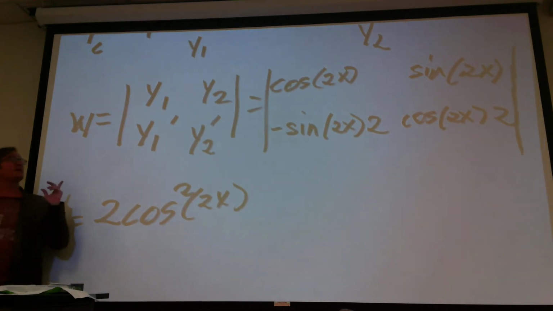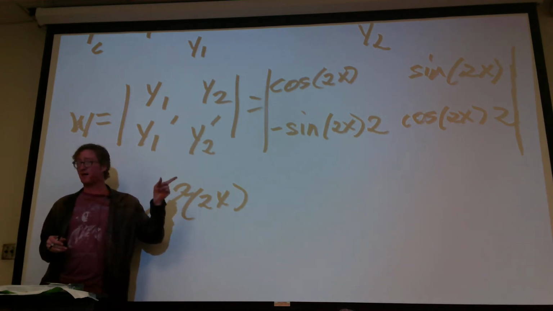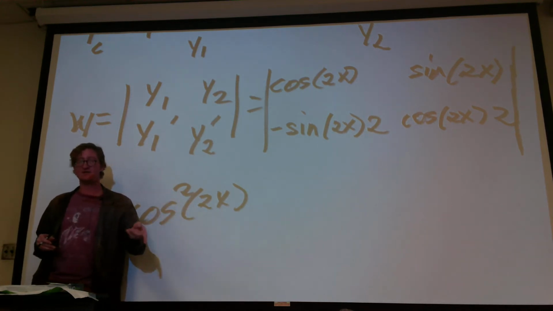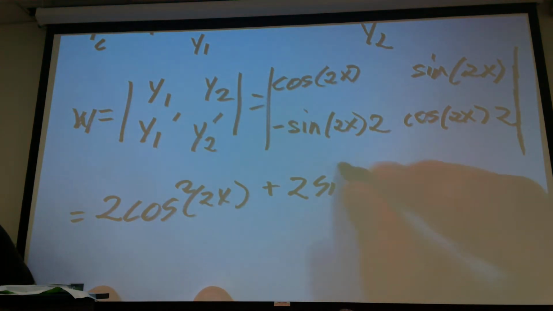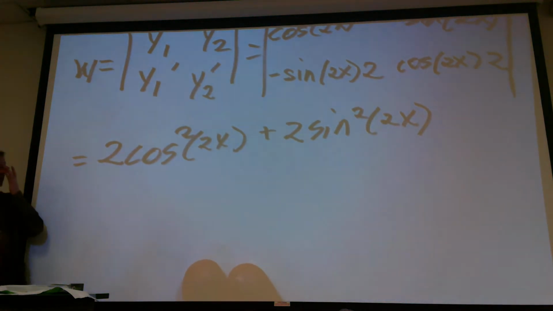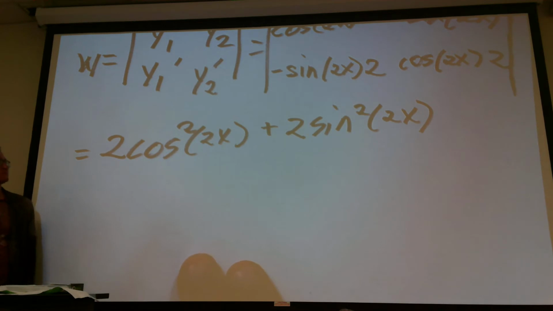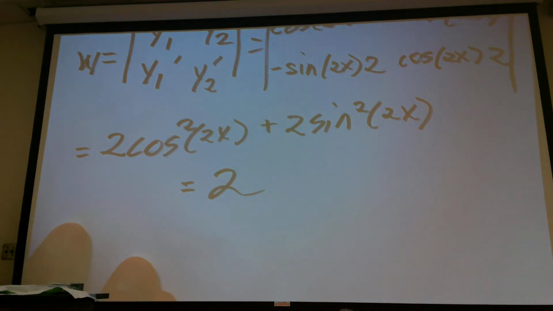And then remember we subtract the other part of the determinant, but this has a minus sign on it, so the minus and the minus cancel each other out, and we end up with plus 2 sine squared of 2x. Now remember that you can pull a 2 out of this, and cosine squared plus sine squared equals 1. So what does this really come out to? This comes out to 2. That's our W.